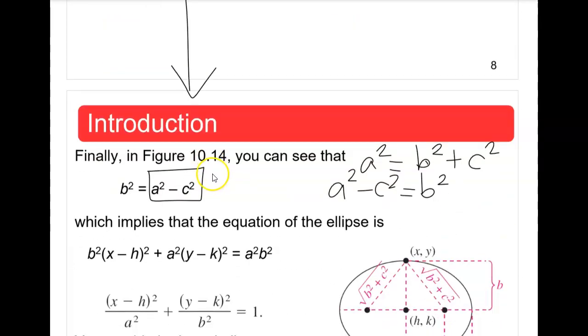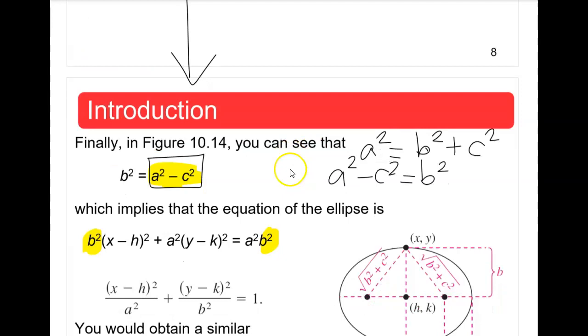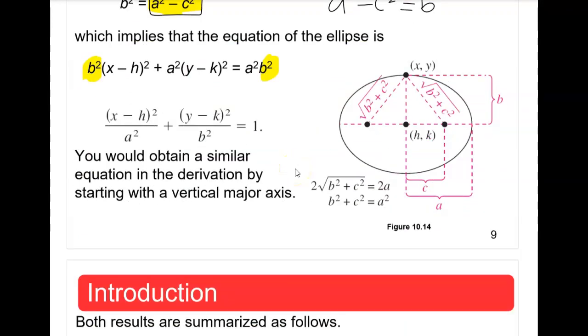So a squared minus c squared was replaced with b squared, as you can see there in both places. And then at the end, we divide because we want to have a 1 here. So it makes sense that we divide everything by a squared b squared. We do that here as well.